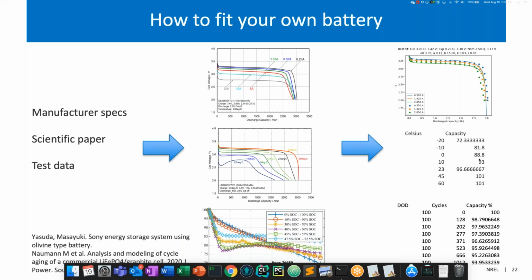Here's a question. Redox flow batteries going to higher load powers now. I guess the question is about modeling recent designs in flow batteries in SAM. Okay.